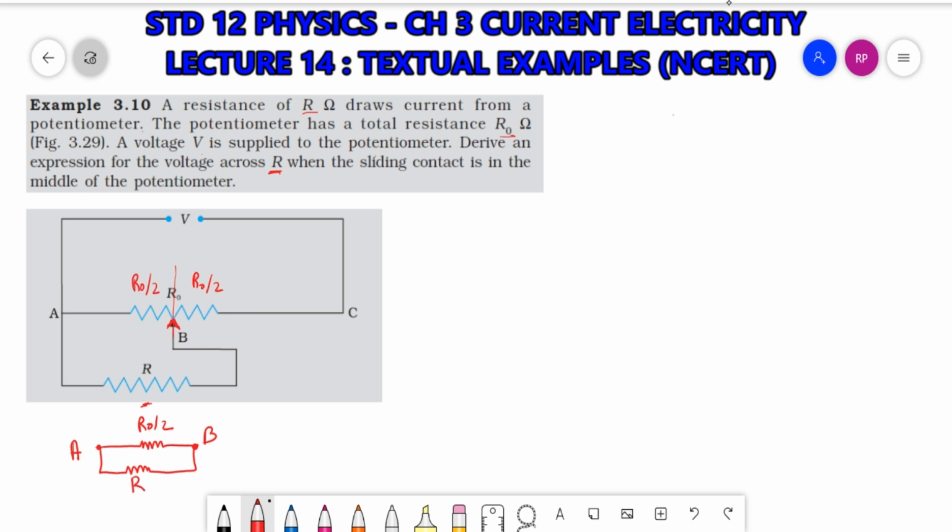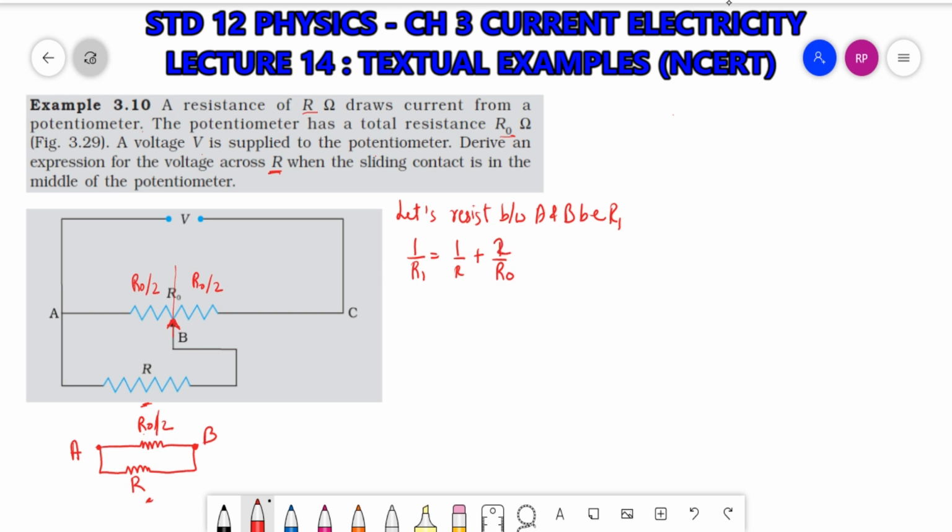So let's say that the resistance between A and B be R1. Clear? Now if R1 is the resistance between A and B, then I can write 1 by R1 equal to 1 by R plus 1 upon R0 upon 2, because it is a parallel connection.